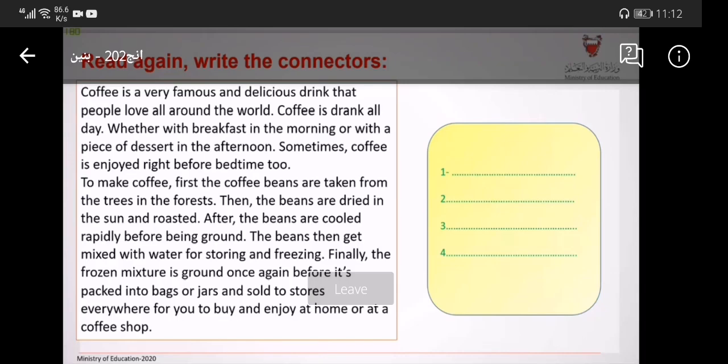The trick to find the connectors is to find the passive form and then go back to the beginning of the sentence where the passive form is found. You have about 2 minutes left to finish this task.